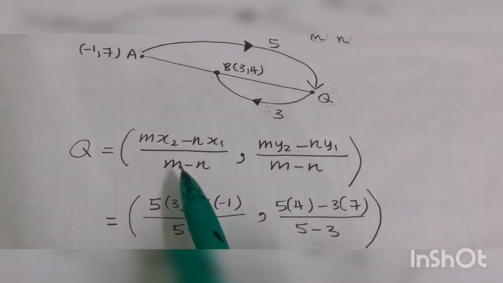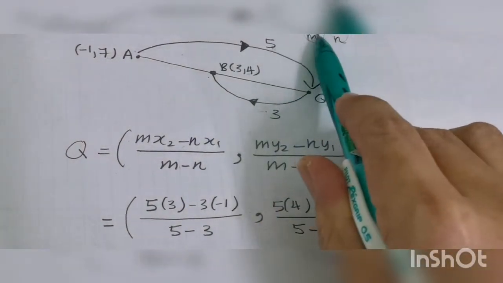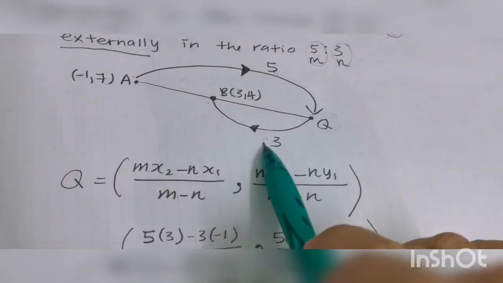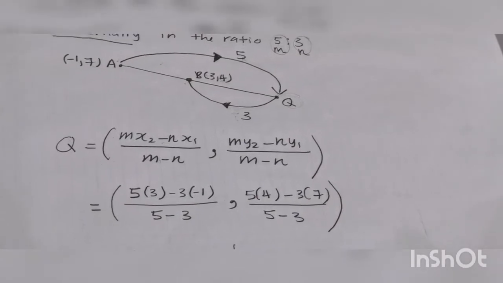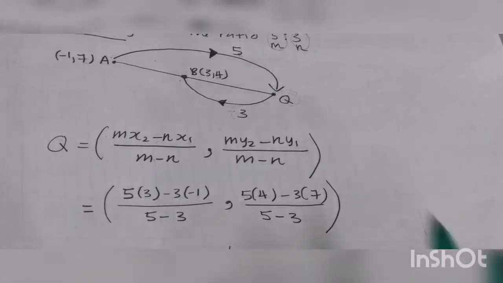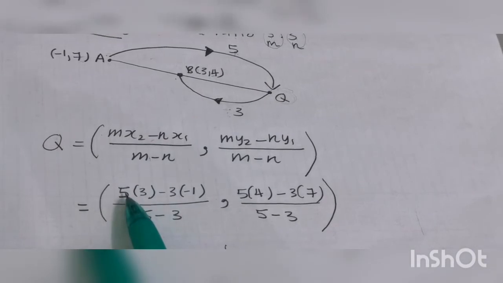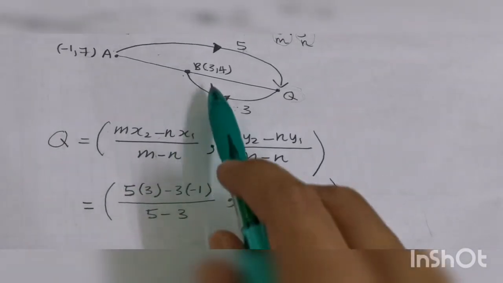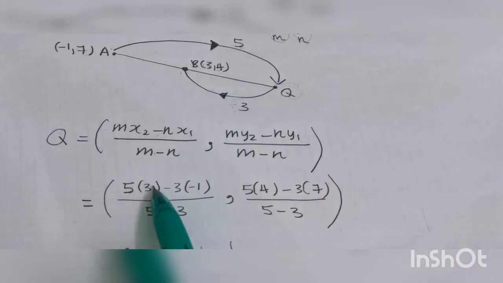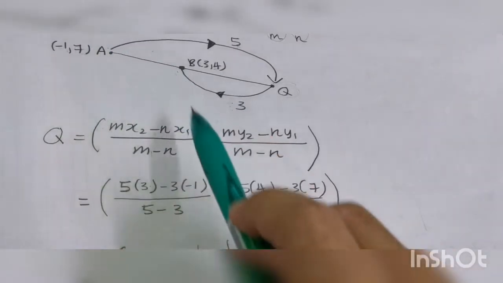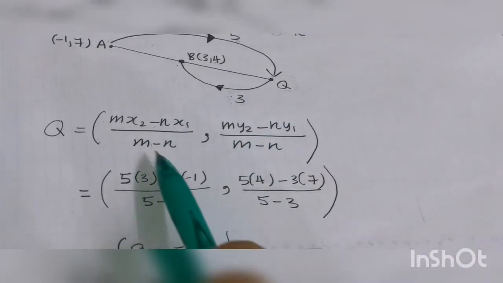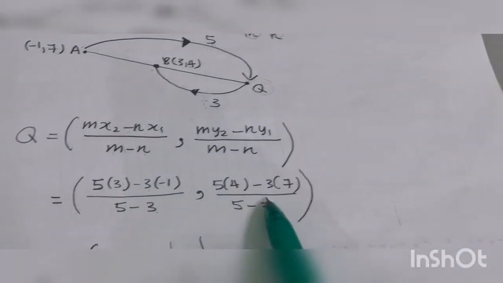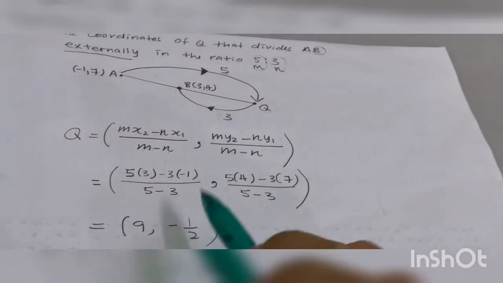The ratio M is 5 and N is 3, we put here. x2 is the point B, we put inside, and x1 is the point A. N is the ratio 3, and the denominator is M minus N, 5 minus 3. Here also we put in y1 and y2, and after you simplify you get the answer. So this one is external.